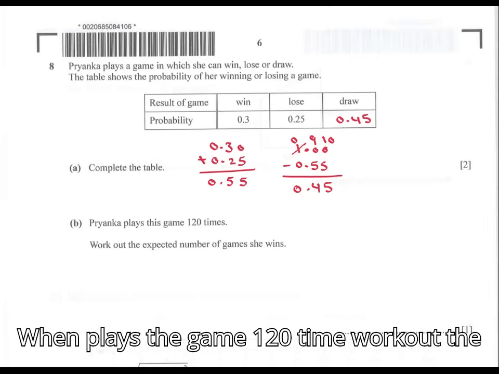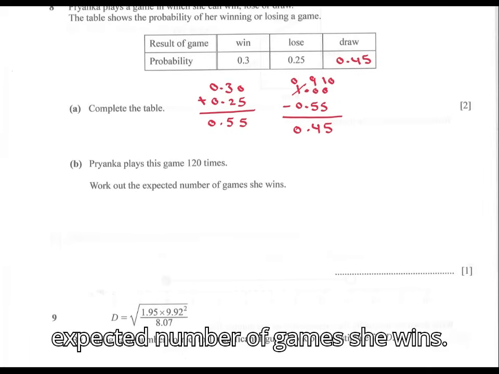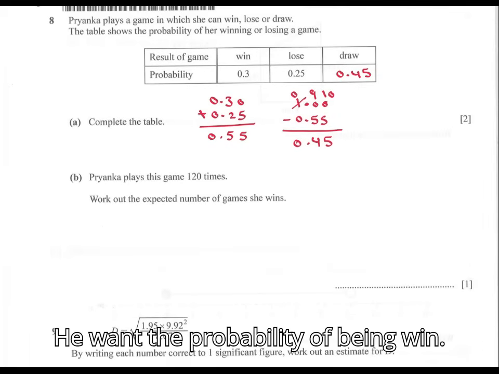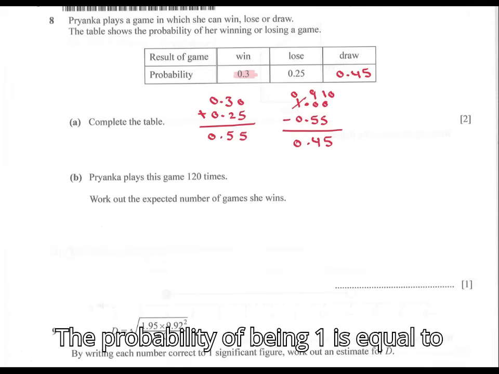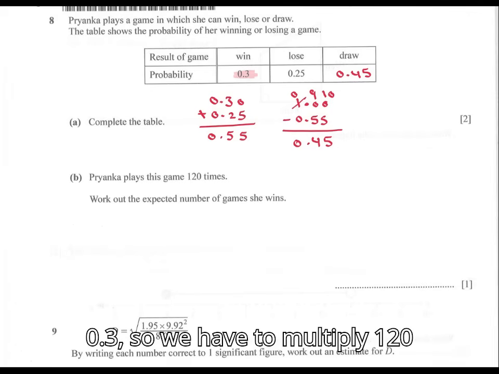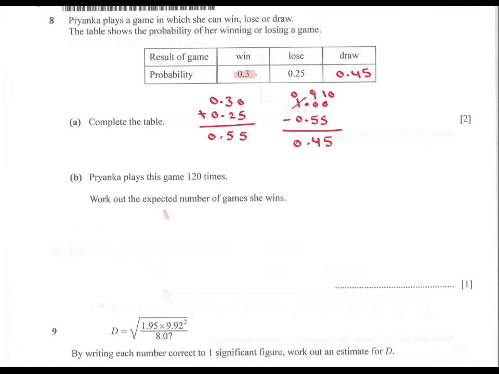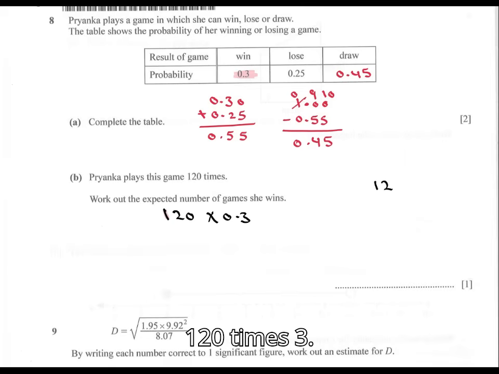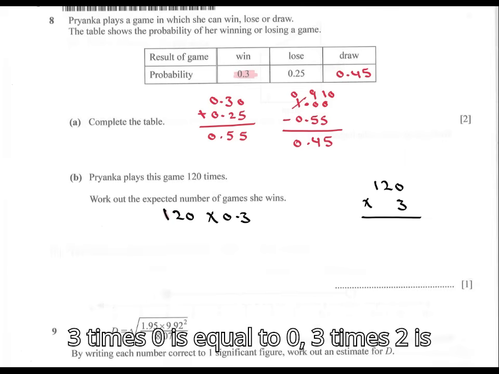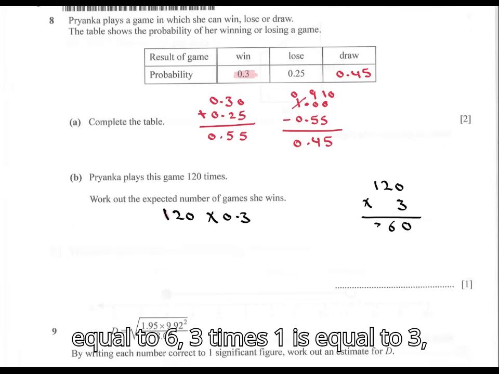When she plays the game 120 times, work out the expected number of games she wins. We want the probability of winning, which is 0.3, so we have to multiply 120 times 0.3. 120 times 0.3 means to multiply 120 times 3. 3 times 0 is 0. 3 times 2 is 6. 3 times 1 is 3.